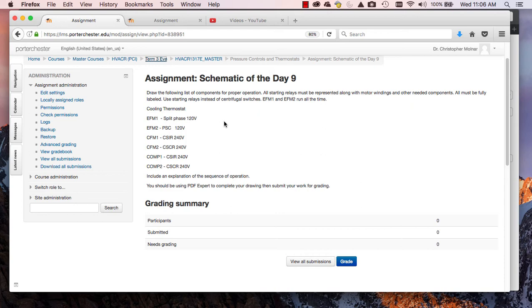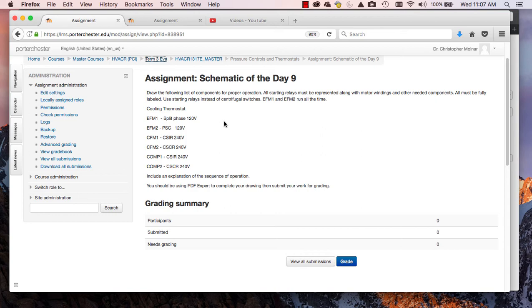So we know we have a cooling thermostat. We have a split phase 120 volt motor. We have a PSC motor, 120 volt. We have our condenser fan motors. We have a CSIR, a CSR. Now those are 240 volts. So most likely what we have here is a split system.